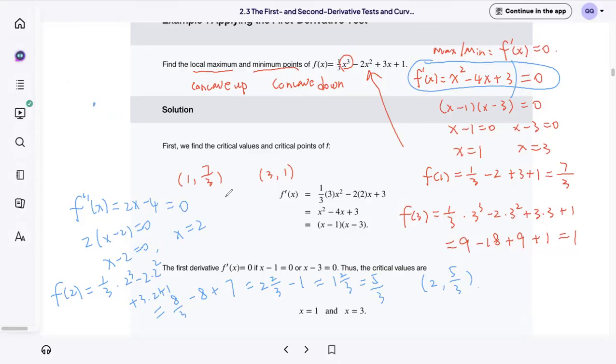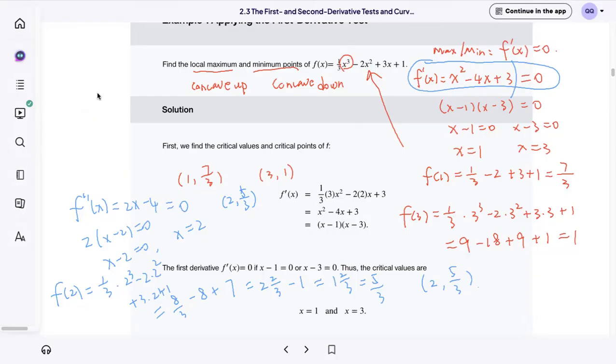You see red in between those two, 2 comma 5 over 3. And on this side, let me see, how do I do this? No, wrong way to draw this.